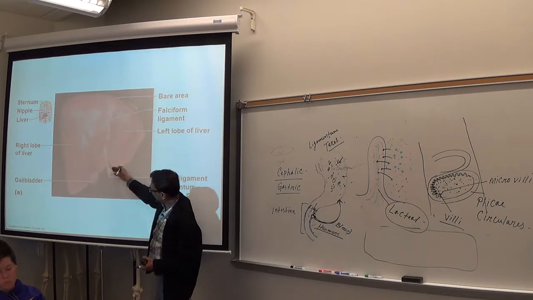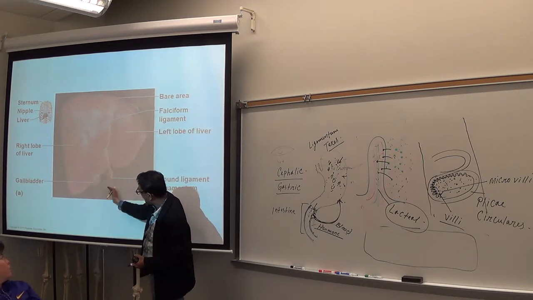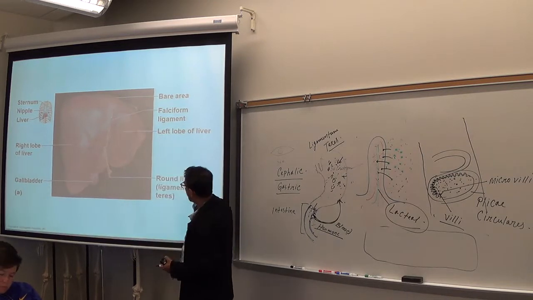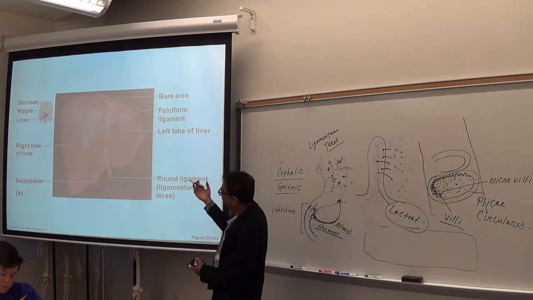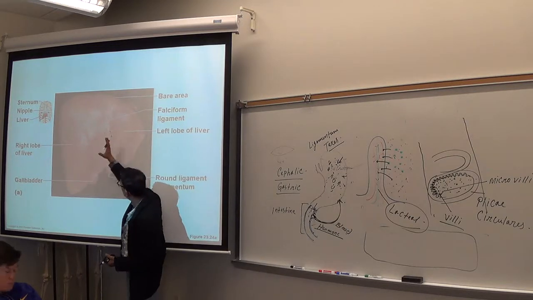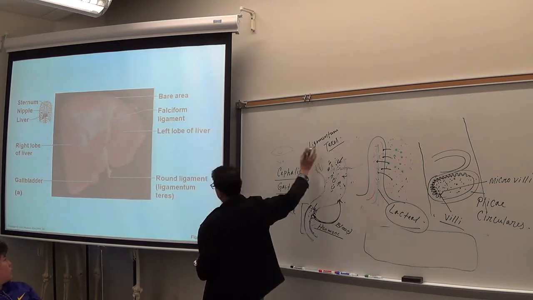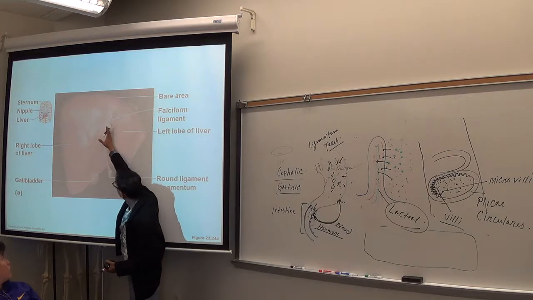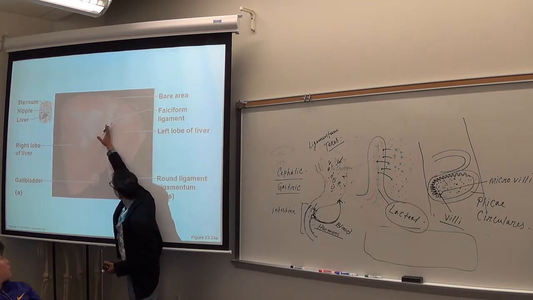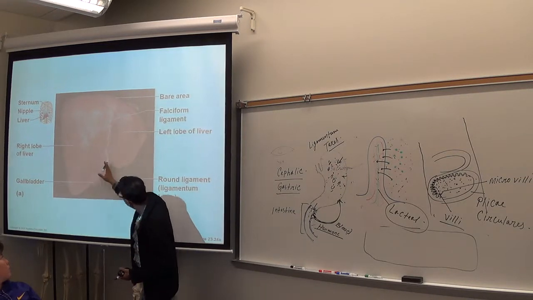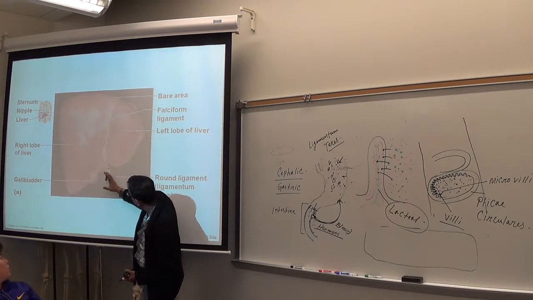And the part that goes downwards is the round ligament. Actually, sorry, round ligament is another name for ligamentum teres. You see what happens here. It comes out like this as well as downwards. It's a continuous one.